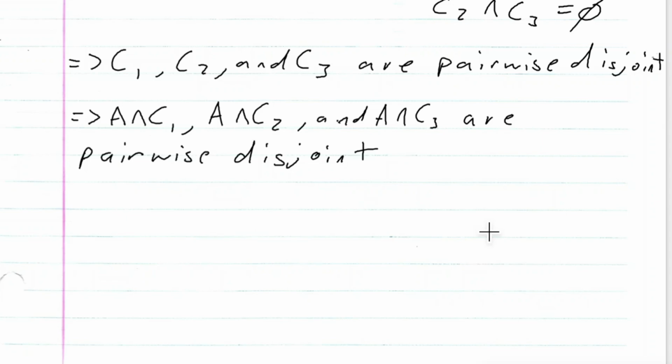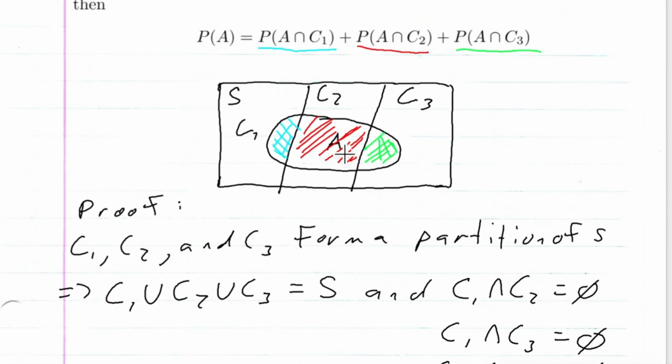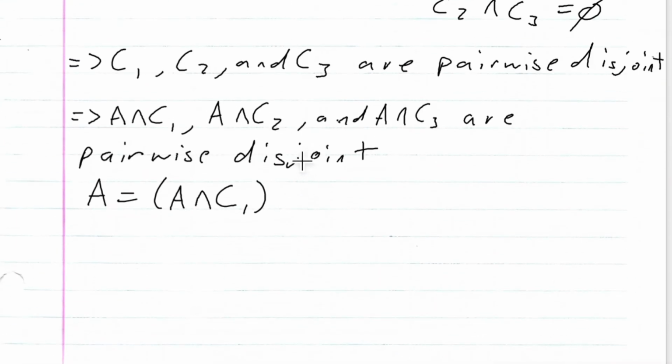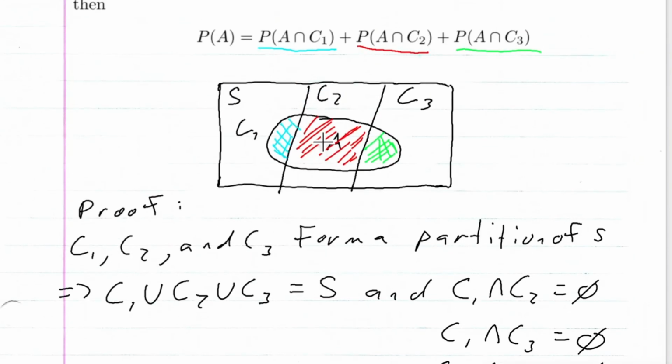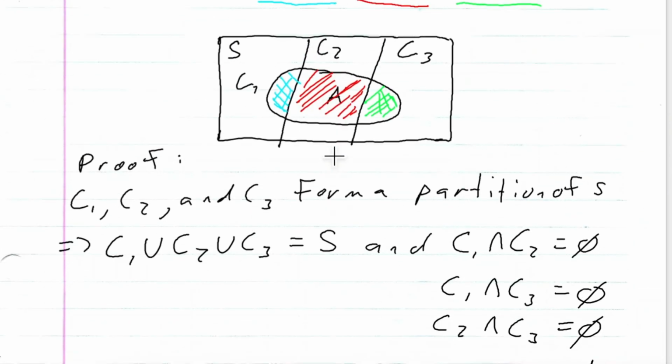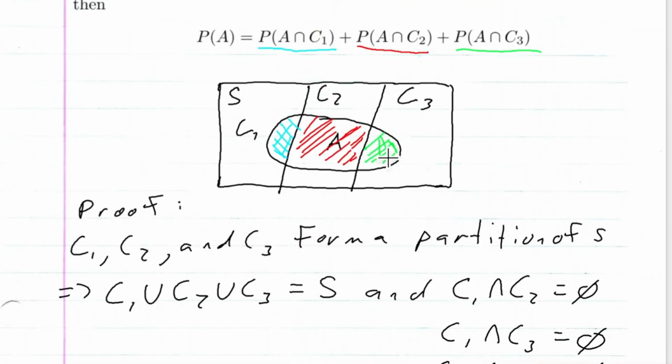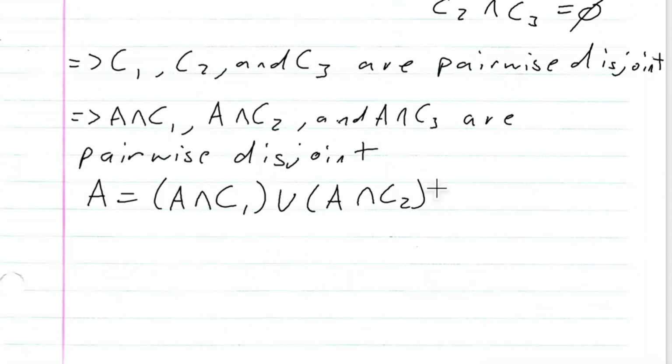that I know that A is equal to A intersection C sub 1, that blue, union A intersection C sub 2, that red, and then finally union A intersection C sub 3, which is that green.